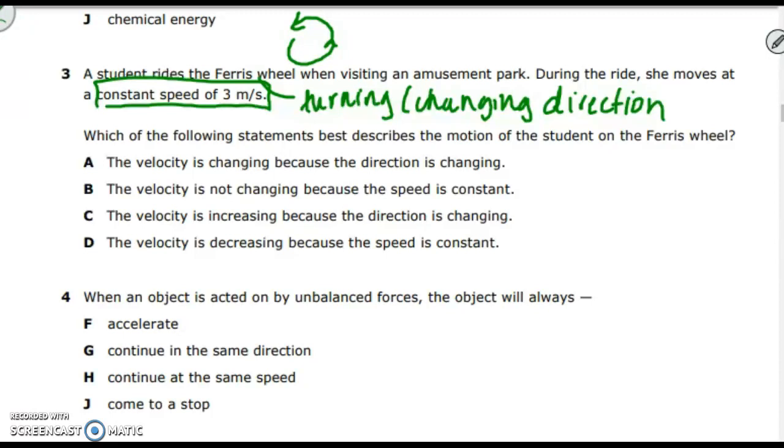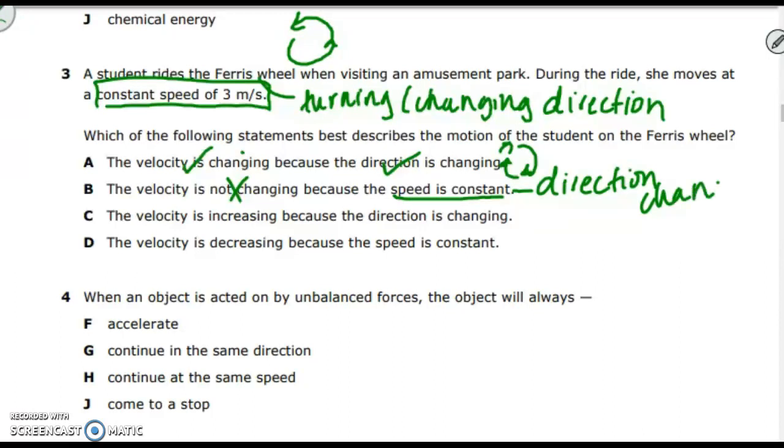The velocity is changing, yes, because the direction is changing. Yes, the direction is changing because you are constantly changing from going up to down, sideways to frontways, and all around in a circle. The velocity is not changing. Well, that is not true, because even though the speed is constant, we know that the direction is changing, which is part of the velocity.